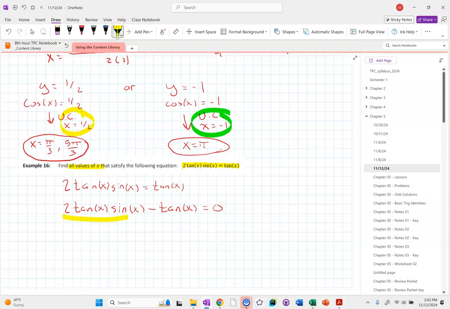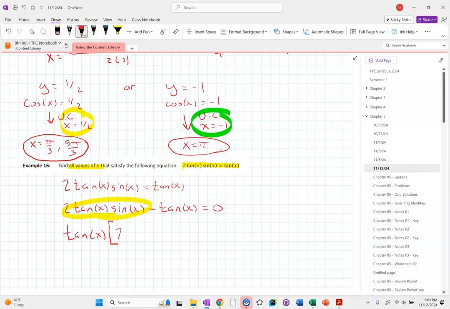If I look at my first term and my second term, do you see anything in common between them? They both have a tangent. That's my least common multiple. I'm going to factor that off. When I factor tangent off of the first term, what was left?